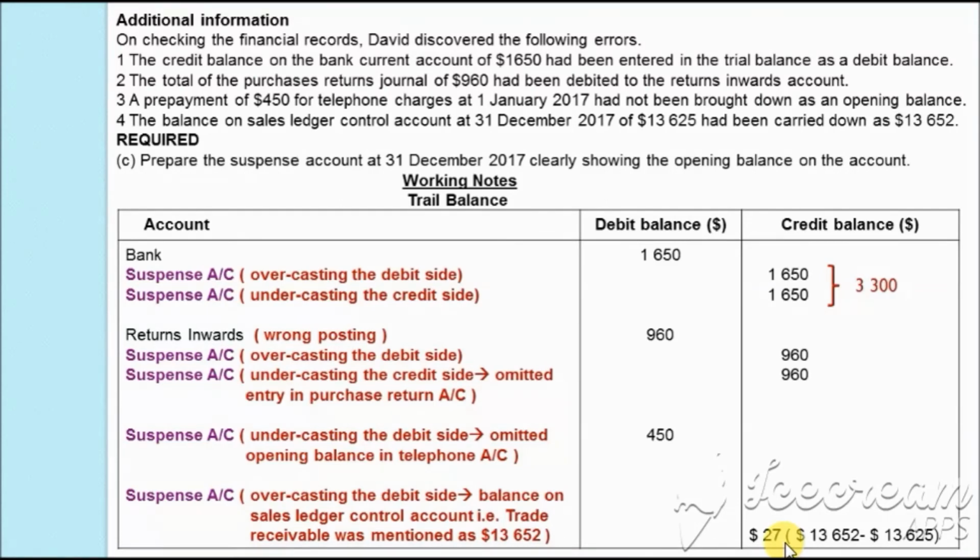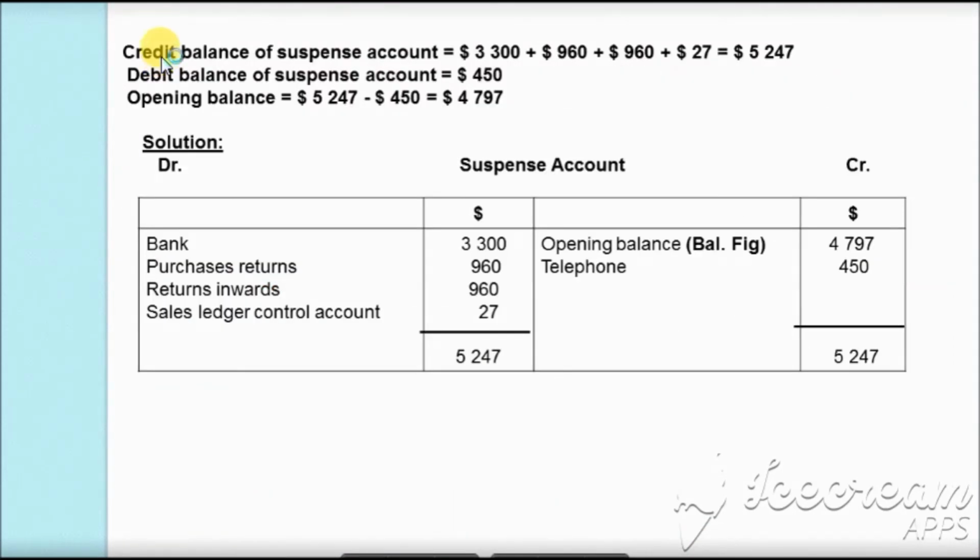Now when we have to rectify this, we will cancel this. So on the debit side, we will mention this $27 stating sales ledger control account. On the debit side with the amount $27, we will rectify this error when we make the suspense account. Now let's see the credit balances of the suspense account.